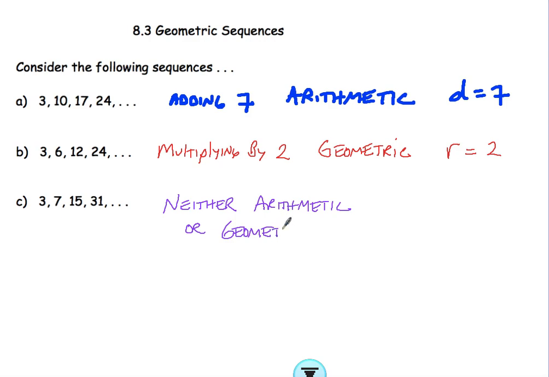And this is what we will talk about more when we go back to section 8.1. So we started you off in section 8.2, now we're doing 8.3, then we're going to go back to 8.1, which is more generalized and trying to find more unusual patterns. We started you off with the easy arithmetic and geometric first.